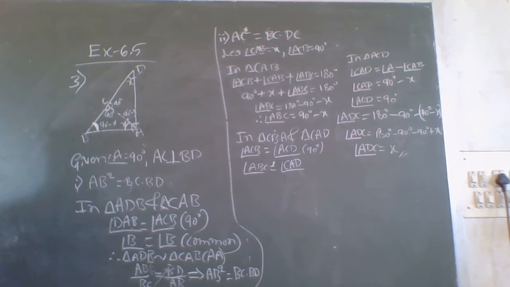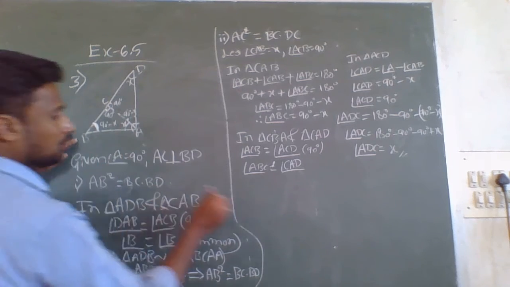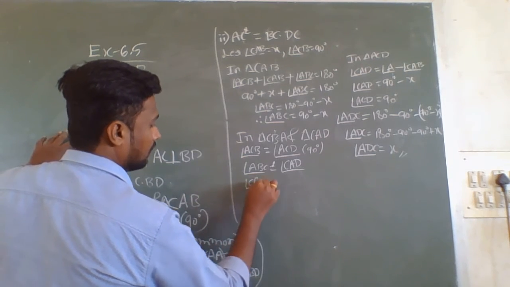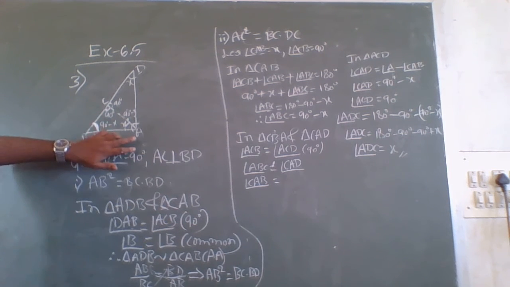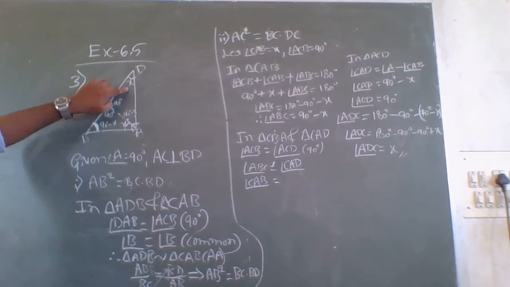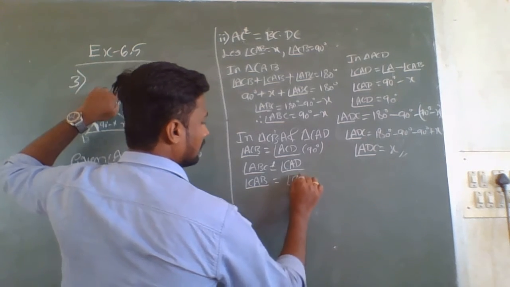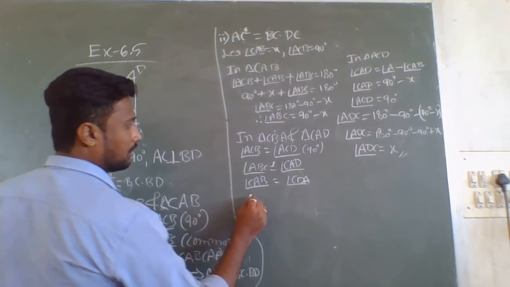And next, what is remaining? Angle CAB is x, and angle CDA is also x. So now what can you write?